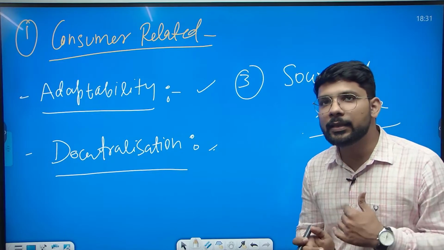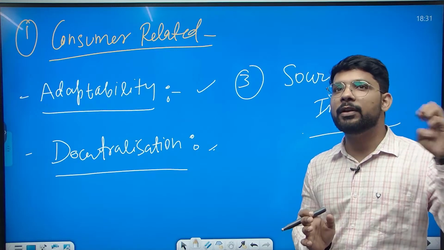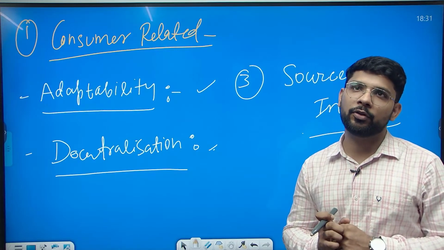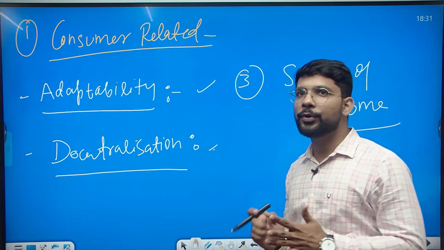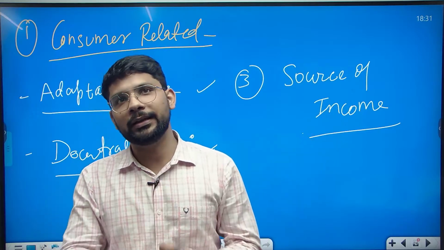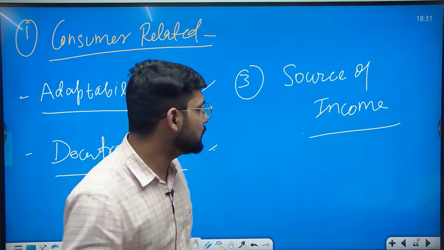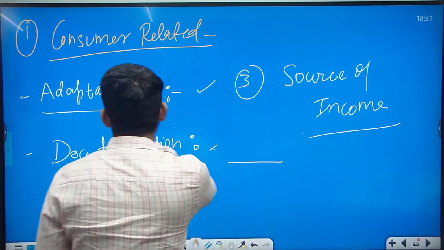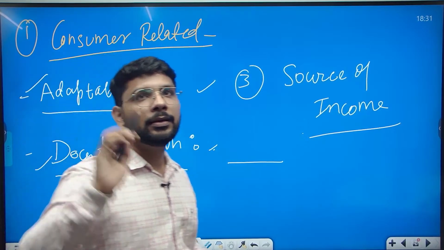If you are generating a high amount of solar energy, then the government will buy this electricity from you. Means this is a source of income for the individual as well. So these are the consumer related benefits: adaptability, decentralization, and source of income.